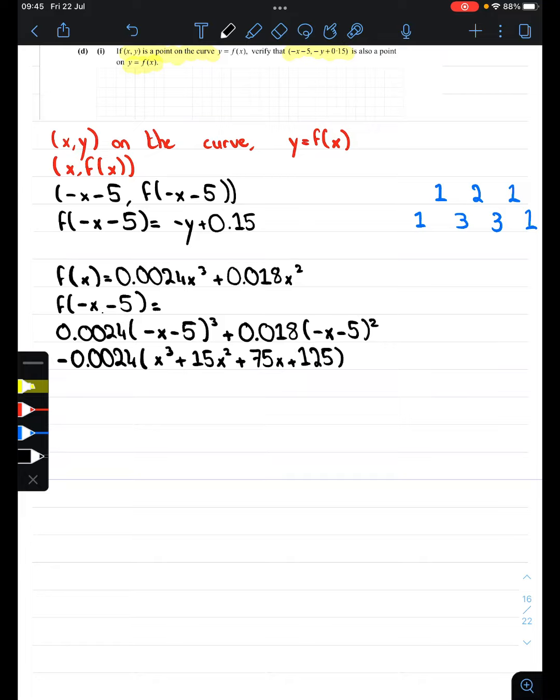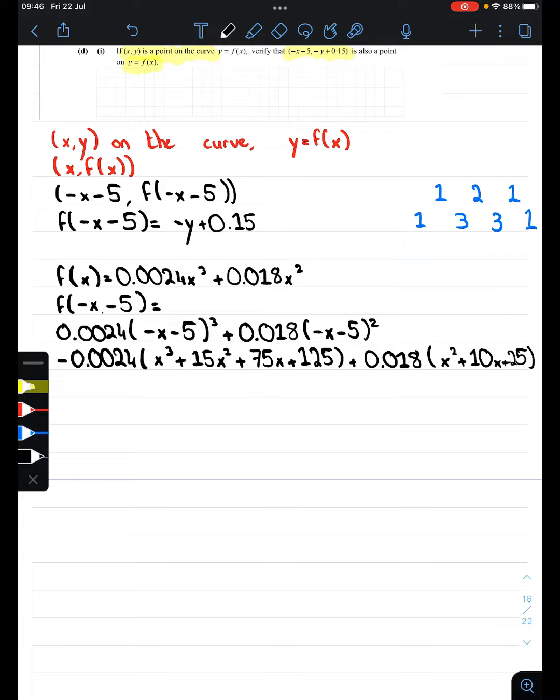And if you're not so comfortable going straight from this to this, just go bracket by bracket, carefully. And then plus 0.018(x squared plus 10x plus 25), because if you take out a minus and then square it, you get a plus.